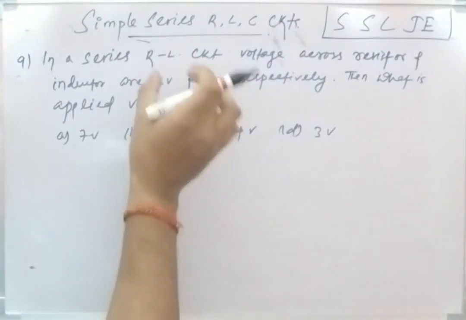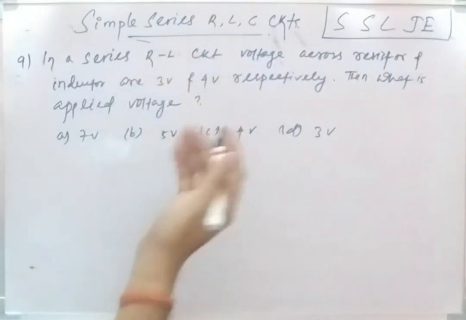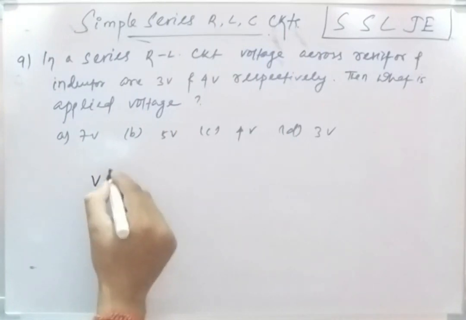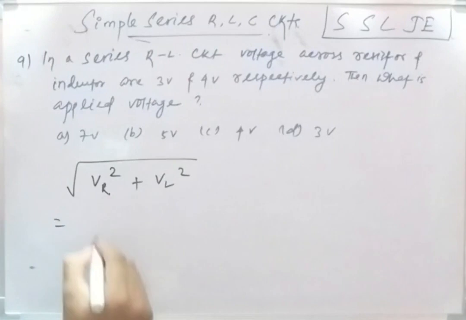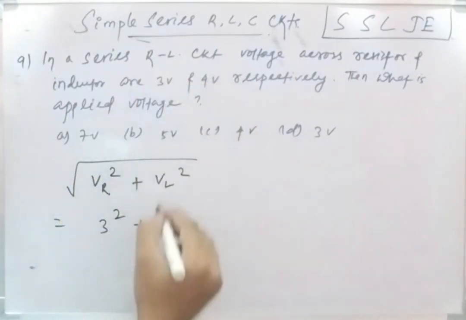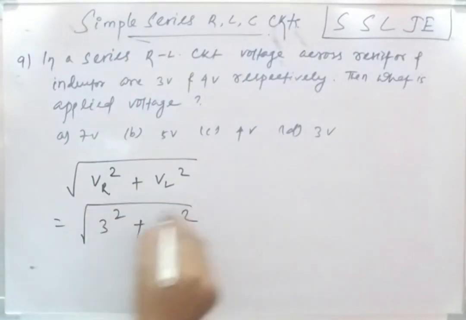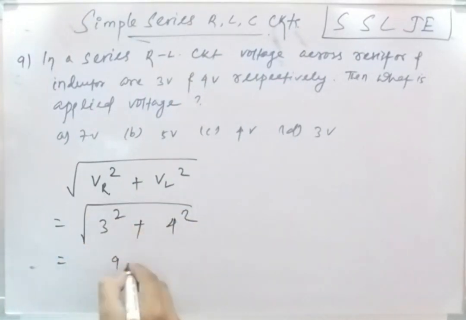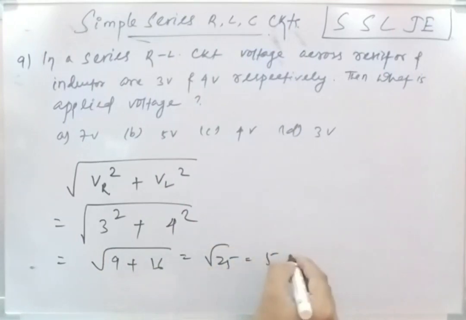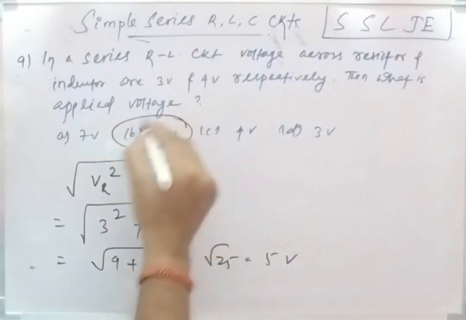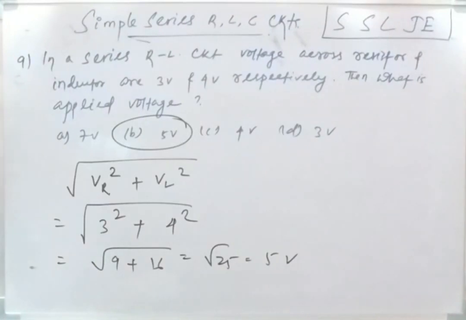So the answer will be the square root of VR square plus VL square, that is 3 square plus 4 square, 9 plus 16, square root of 25. The answer is 5 volt. So option B is correct.